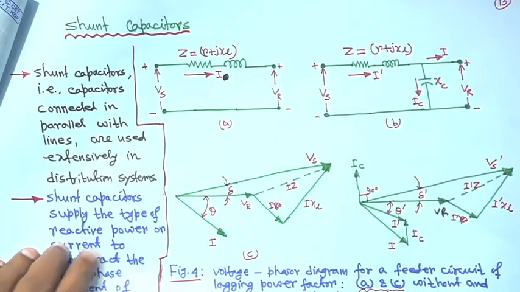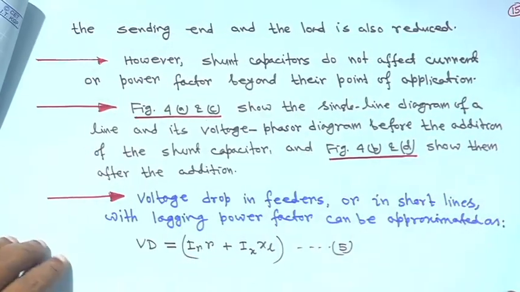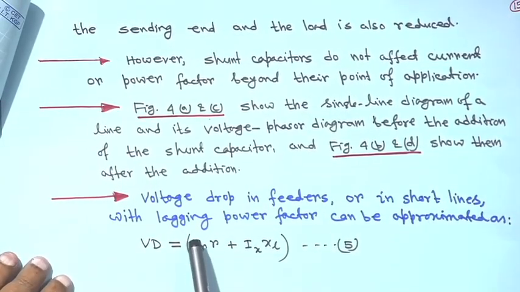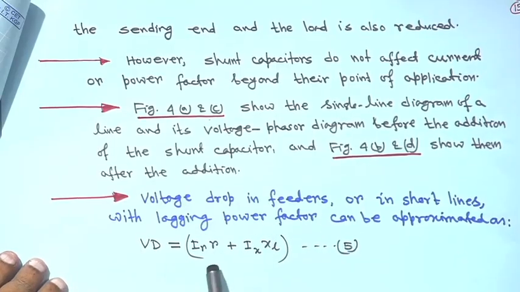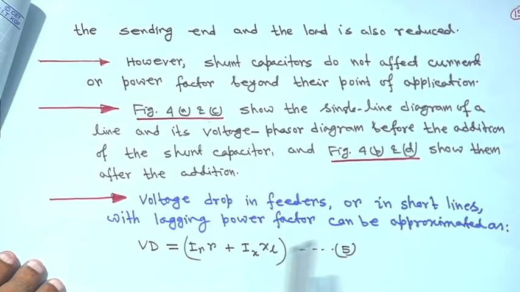All of this I have explained. So, the voltage drop in feeders or in short lines with lagging power factor can be approximated as IR into R plus IX into XL.